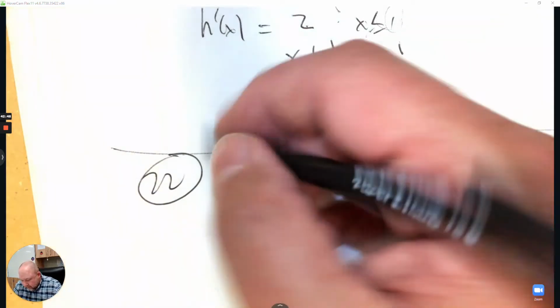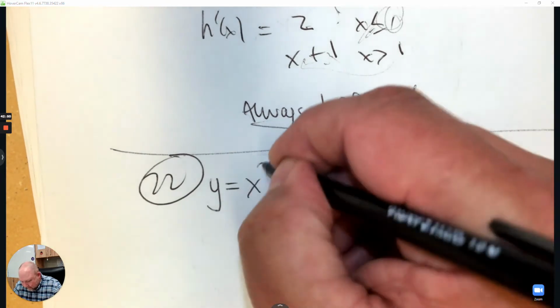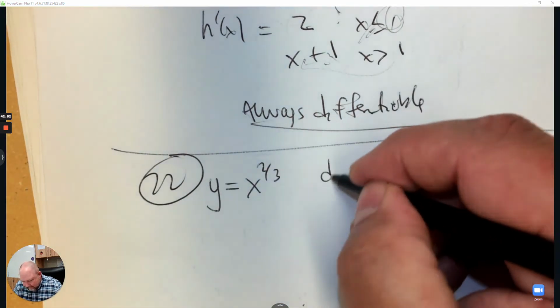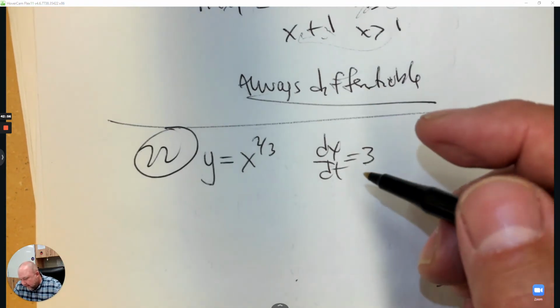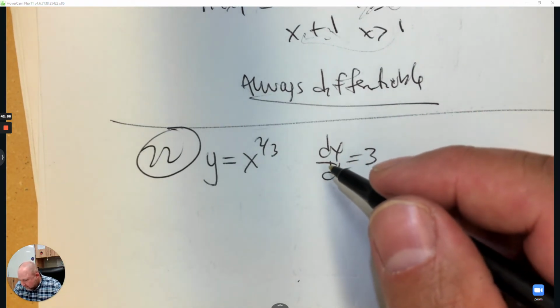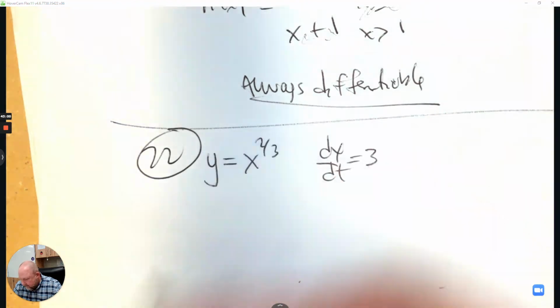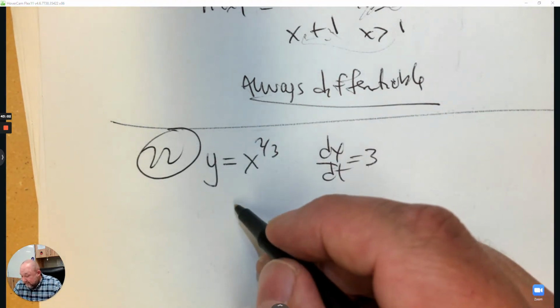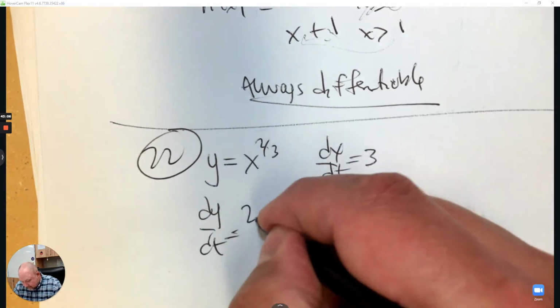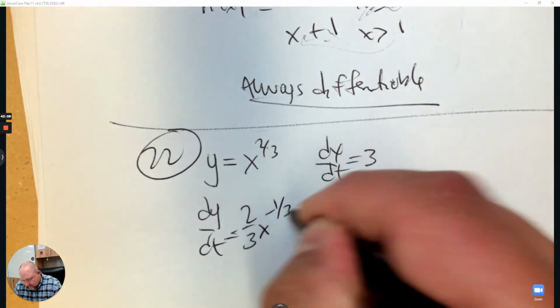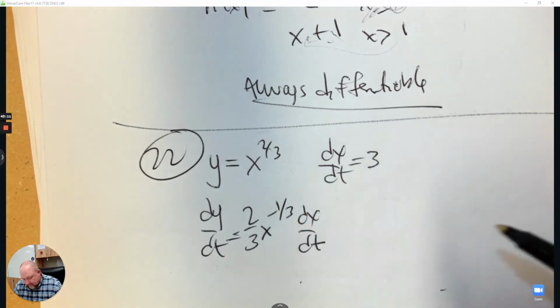If a particle moves along y equals x to the 2/3, and dx by dt equals 3, find the following. So if I take the derivative with respect to time, then it needs a dx by dt.